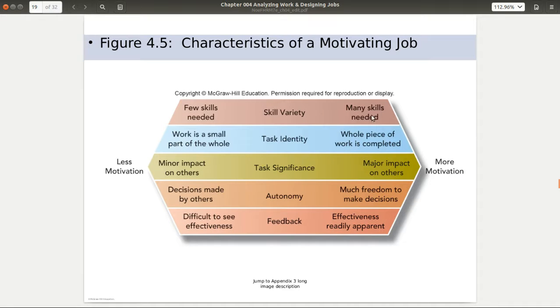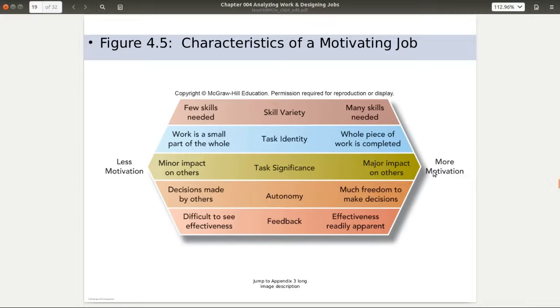When you think about the job characteristics model, less motivation. In other words, jobs that are less motivating will have few skills needed. They work on just a small part of the whole. In other words, if they're making chairs, maybe they're working on just the right front leg, and they're doing the right front leg throughout the day.